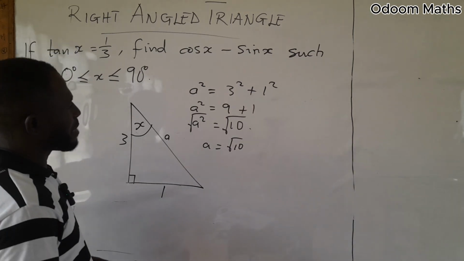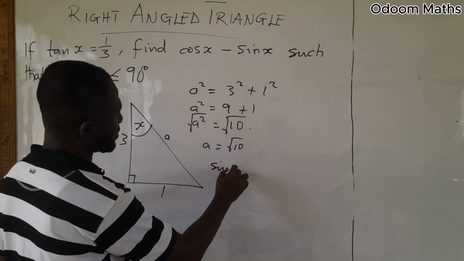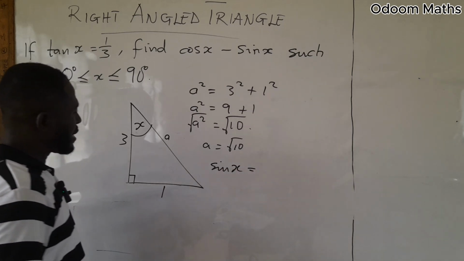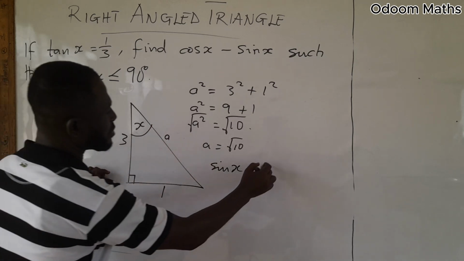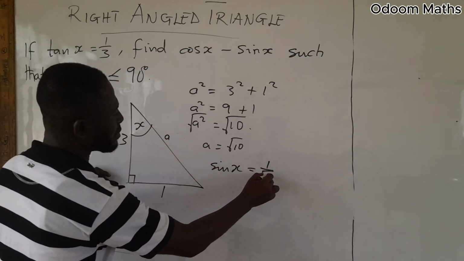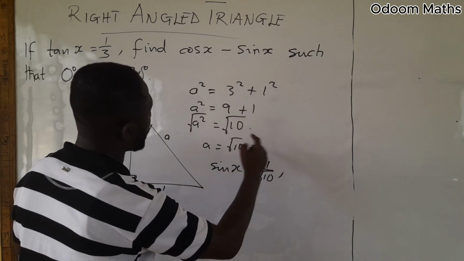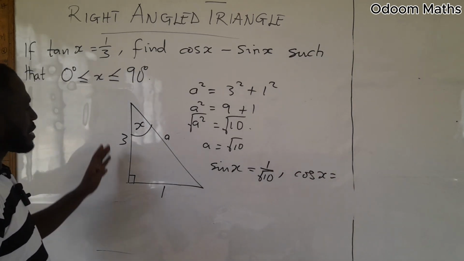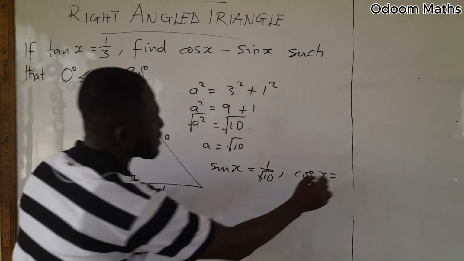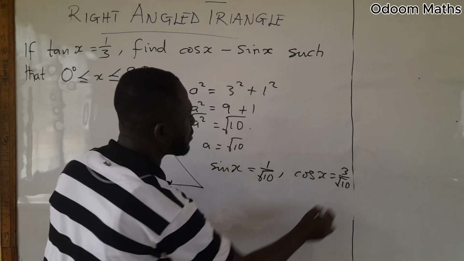In this sense, my sine x is opposite over hypotenuse, so that is 1 over root 10, because we had root 10. Then cos x is adjacent over hypotenuse, that is 3 over root 10. Okay.